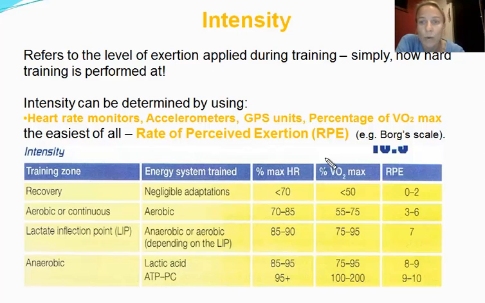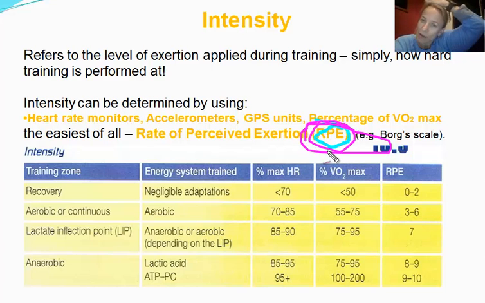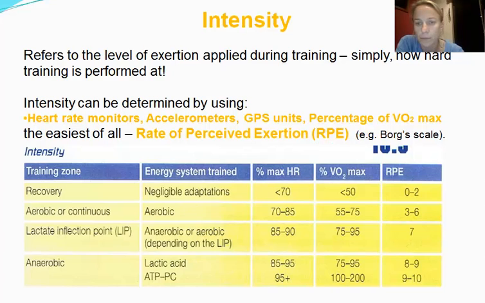However, probably one of the most popular ways is called RPE, or rate of perceived exertion. Rate of perceived exertion is just perceived as how you feel. So a 7 out of 10, you're working quite hard. The next slide shows you the different intensity levels. It's out of 10. Obviously 10 out of 10, you're working anaerobically, at 100% maximal.